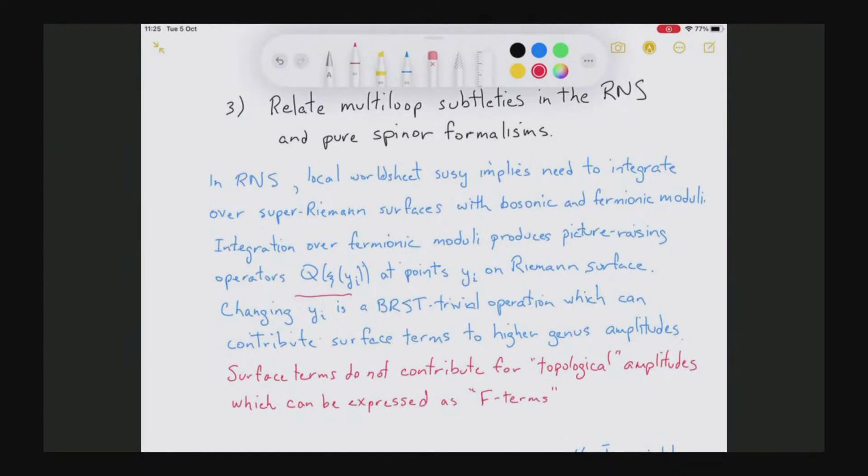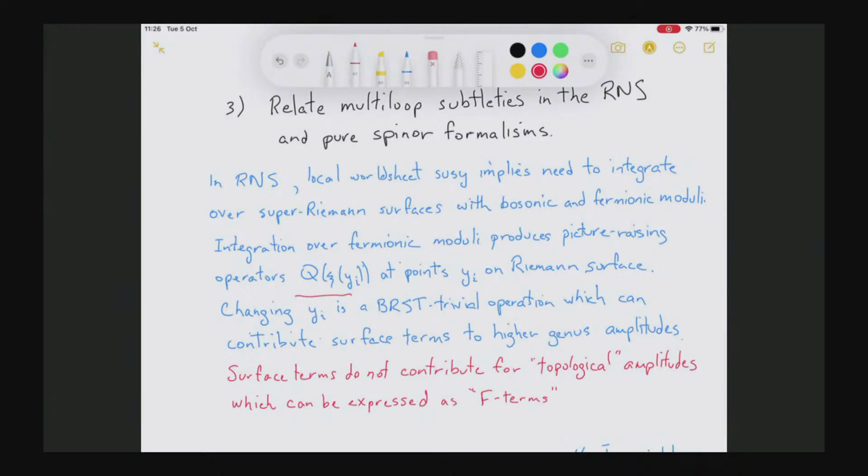When all the states are on shell, then of course, moving these picture raising operators is a BRST trivial operation. But if you're doing higher genus surfaces, although it's BRST trivial, it can contribute surface terms. Taking account of these surface terms is a complication in RNS, but people know how to do it.